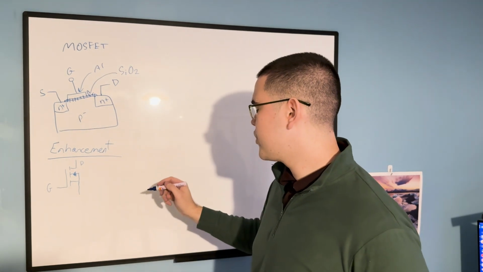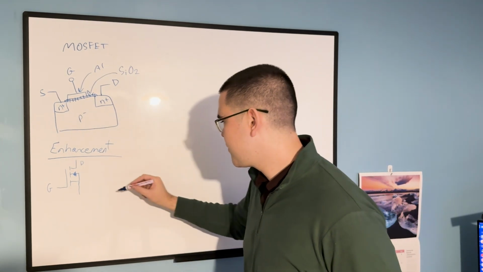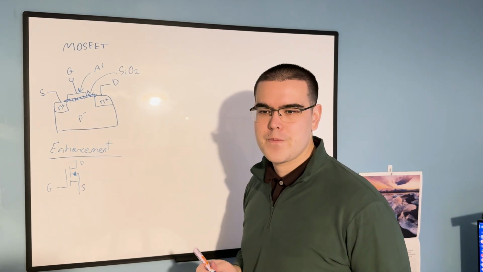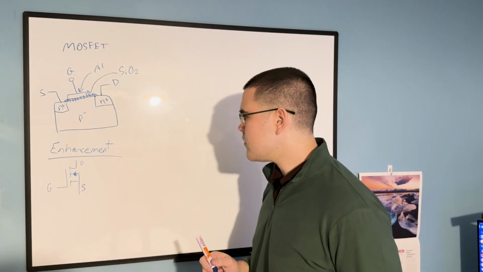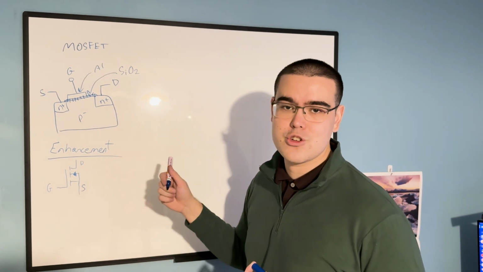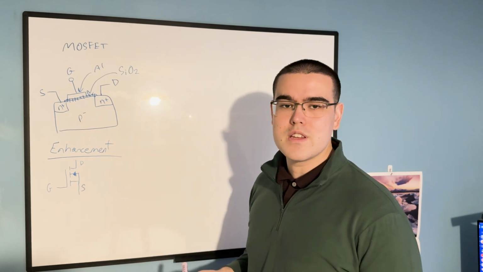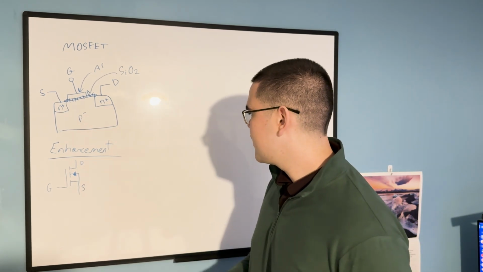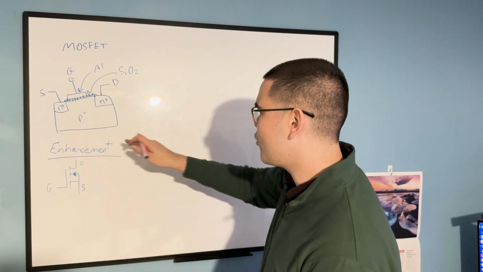And this is for the N-channel enhancement mode. Now, what do I mean by enhancement mode? What I mean is that we have to apply a voltage at the gate terminal to turn on the device so that it can conduct from the source to drain, so that we form that channel.